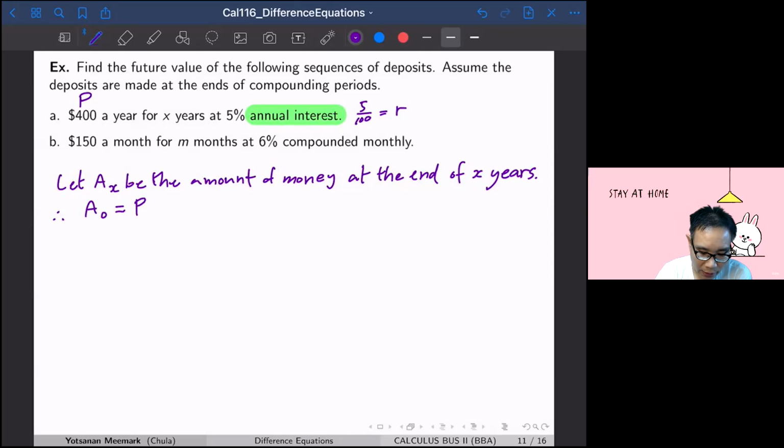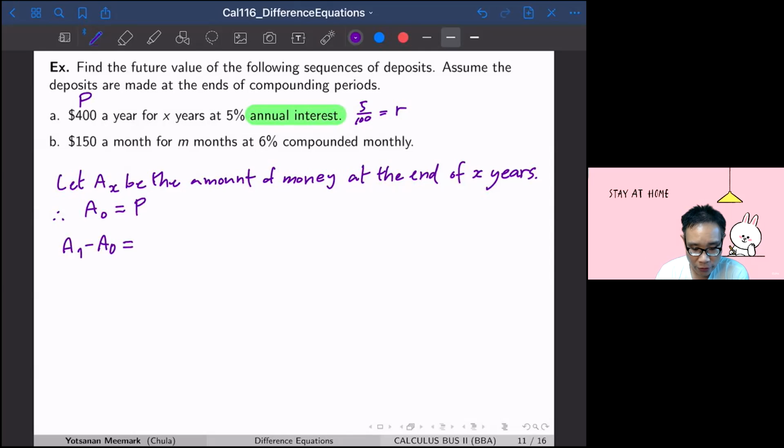Okay, and for the second year, you're going to have A1 minus A0, which is the difference between your money. So what happened at the end of the first year?